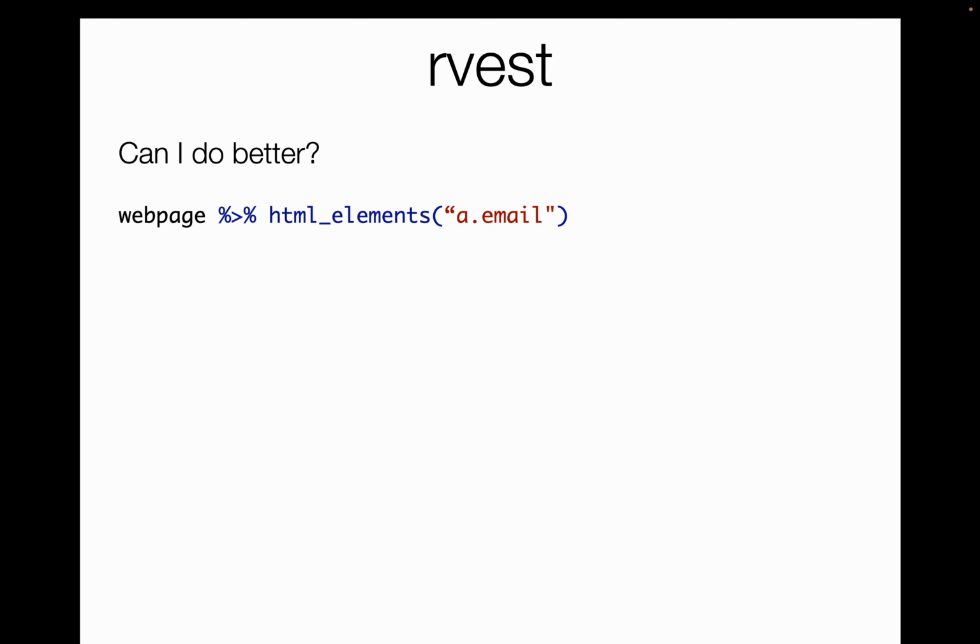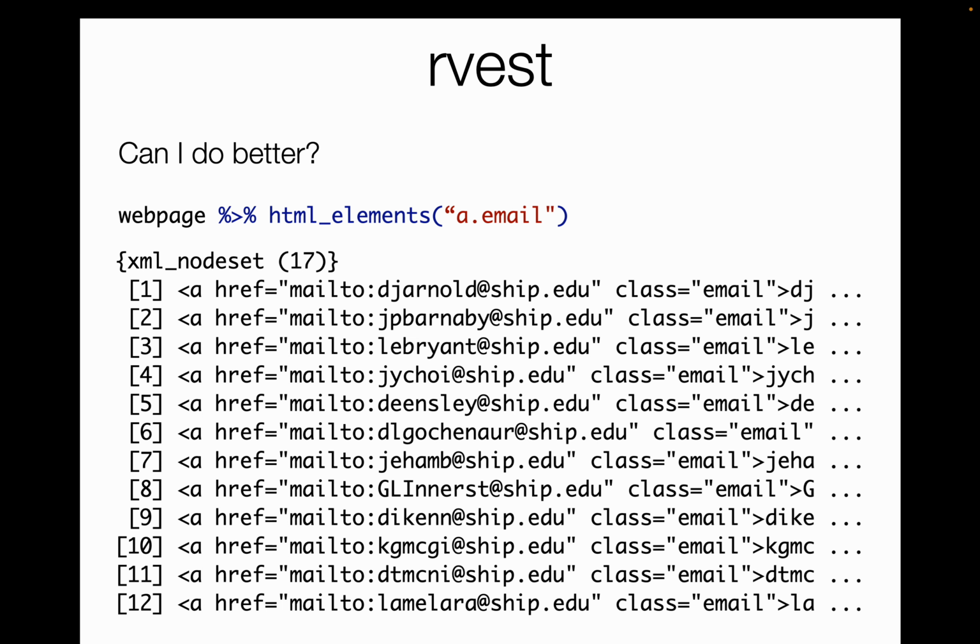So what I can do is this. And so the dot is like the special. As usual, you'll see that dots are special. And so it's a with dot email. Okay, so a tag of class email. And that gets me a better node set of only 17, and it looks like it actually only has the a tags of class email.